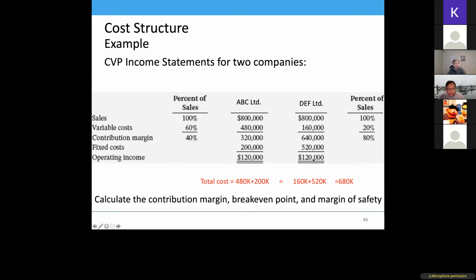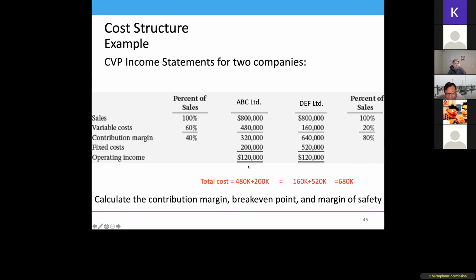So the total cost is the same, 680,000. But what's different between these 2 companies are the relative portion of the fixed cost versus the variable cost.